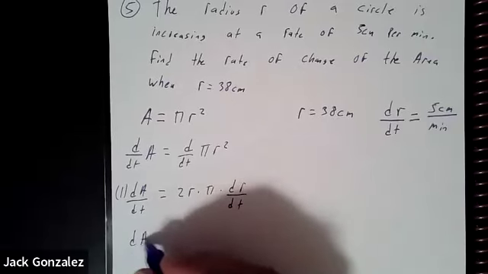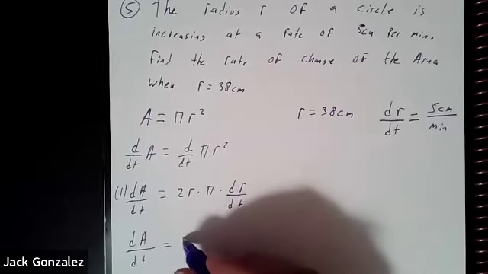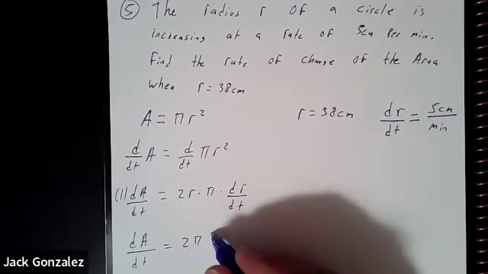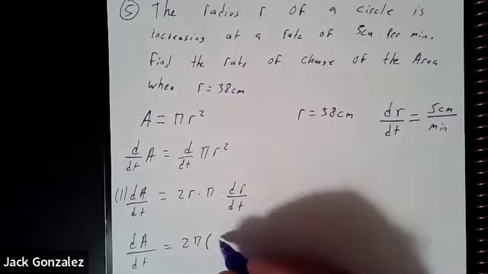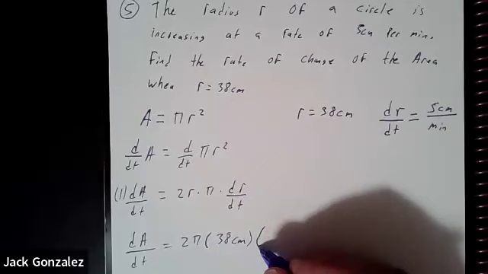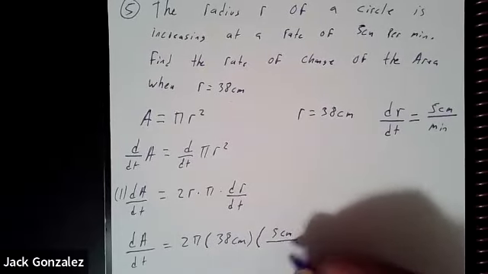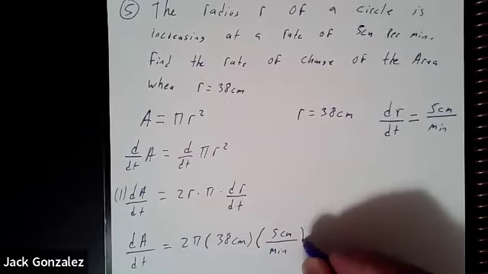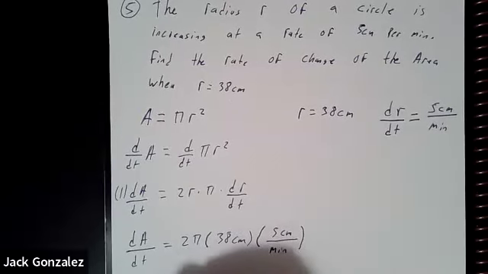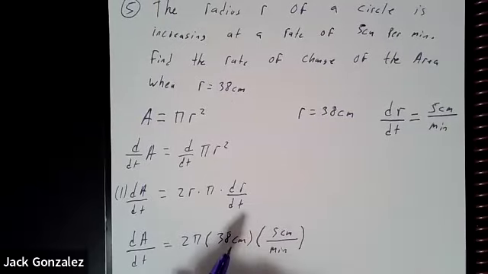So dA dt is equal to 2 pi times r, 38 centimeters, times dr dt, which is 5 centimeters per minute. 2 times 38, 380, right?